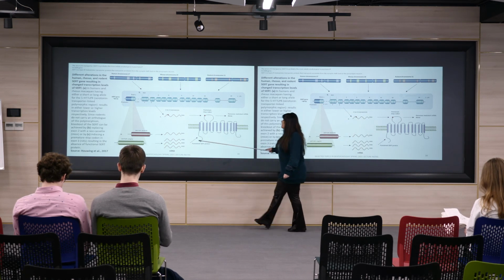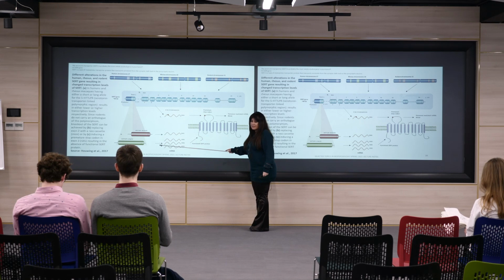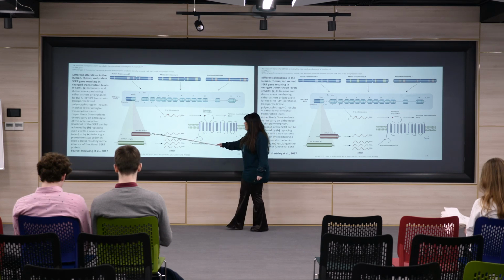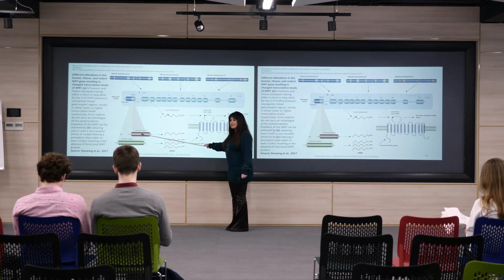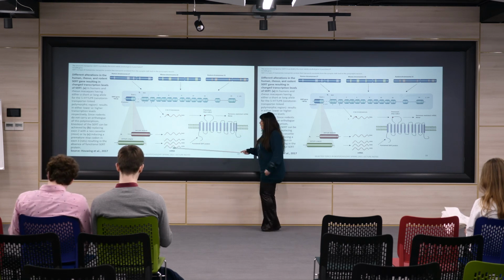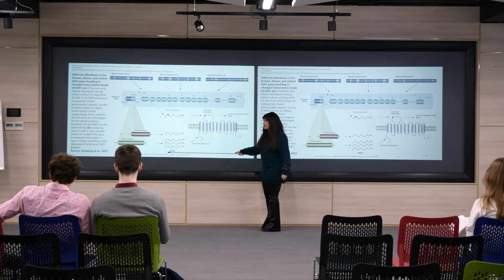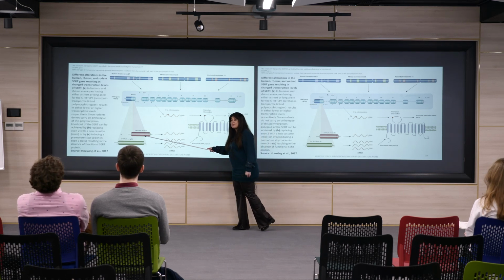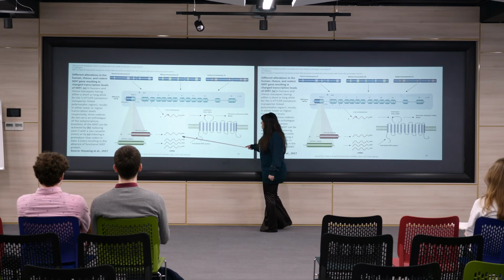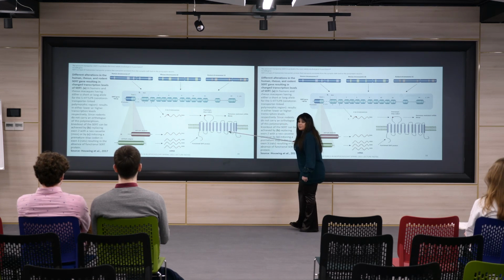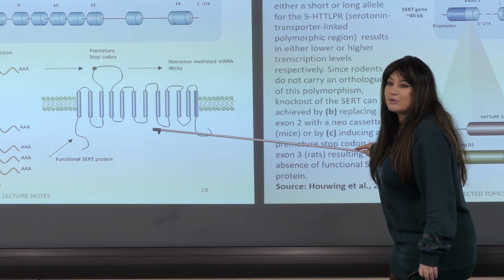So as I was mentioning, there are two versions of serotonin transporter protein existing in humans. One is the short version, in simple terms, and the long version. So what is the outcome of having a short version or long version? If you have the serotonin transporter protein encoding gene in this form, that will end up in the production of serotonin transporter protein in less amount.